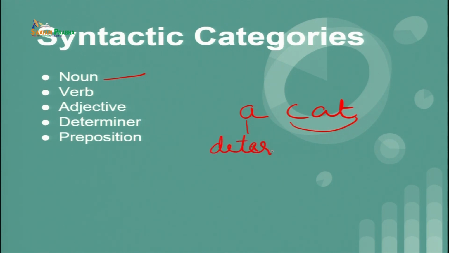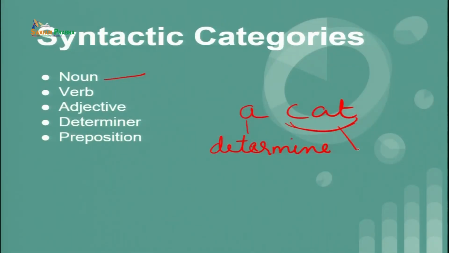In determiners we also have articles. We can also refer to determiners as some, few, demonstratives, possessives and so on. So, here cat is the noun, not because it is the name of an animal, rather because it comes right after the determiner. It positions itself after the determiner.